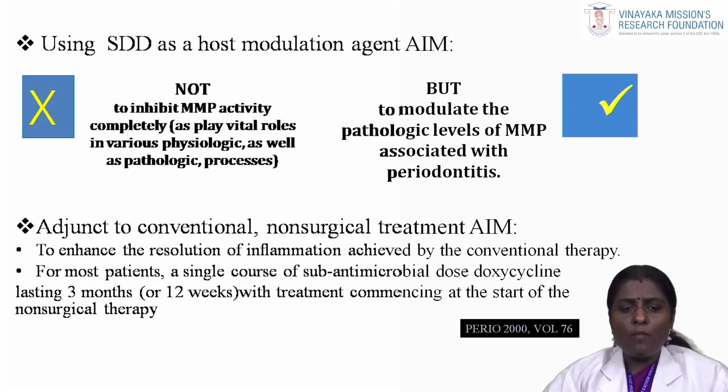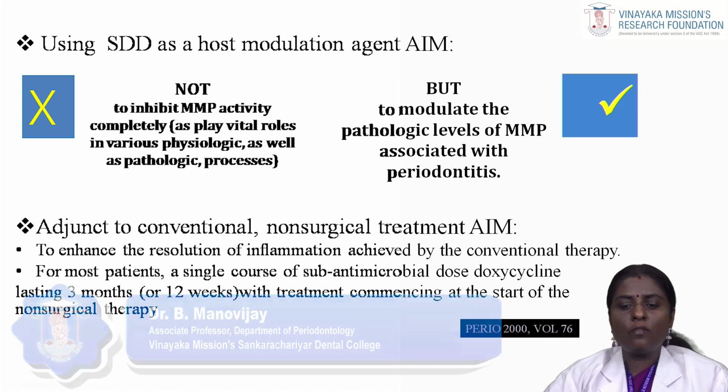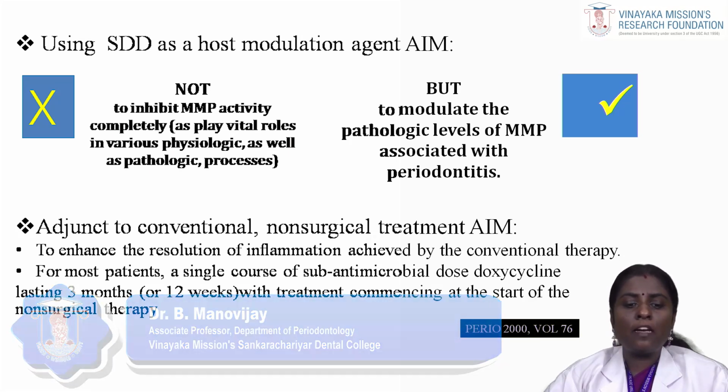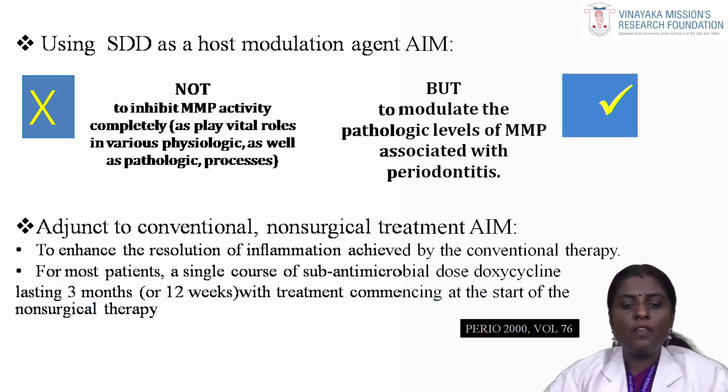So the aim of using SDD as a host modulation agent is to modulate the pathological levels of MMP associated with periodontitis, and it will not inhibit MMP activity completely, as MMPs play a vital role in various physiological as well as pathological processes. This is an important point you should know. It can be used as an adjunct to conventional non-surgical treatment to enhance the resolution of inflammation achieved by the conventional therapy.